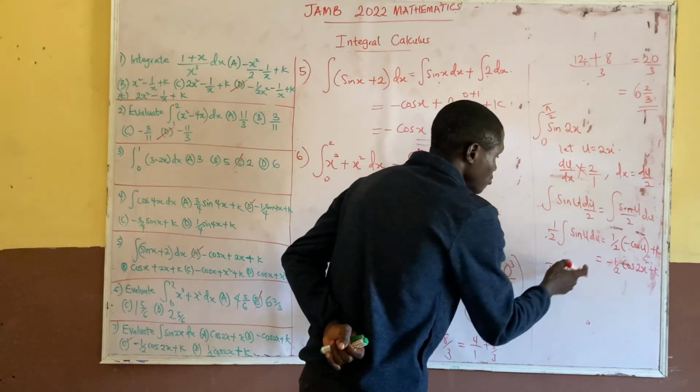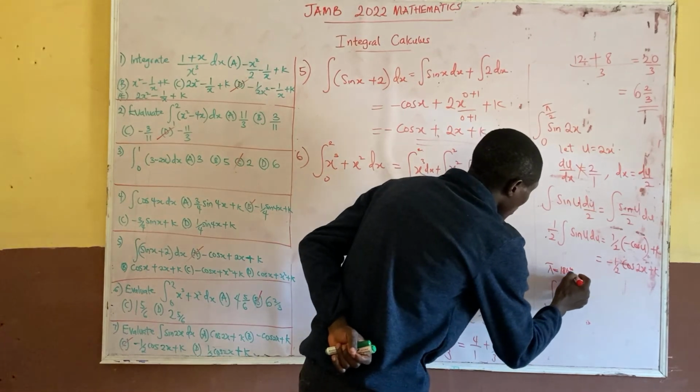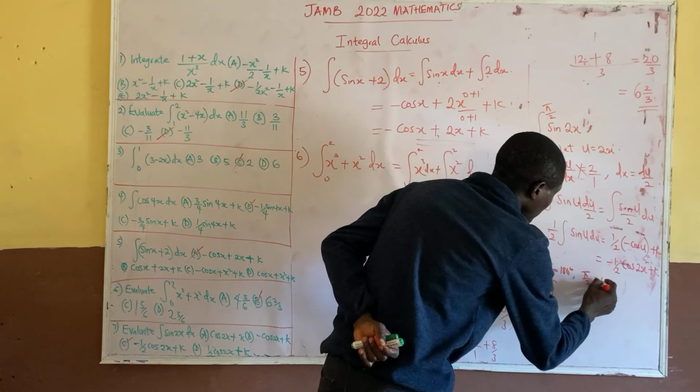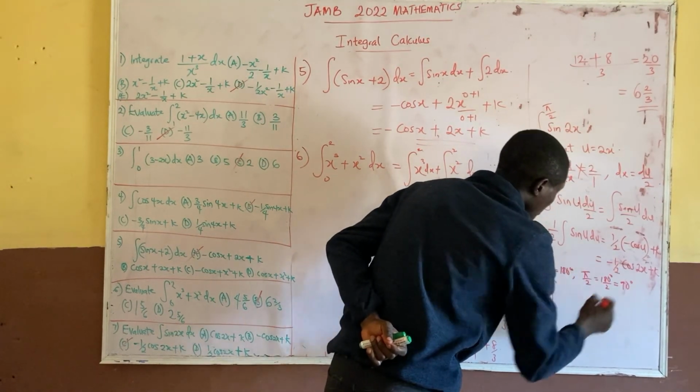So now we can substitute if we are using boundary. Half pi will be 180 degrees divided by 2, which is 90 degrees.